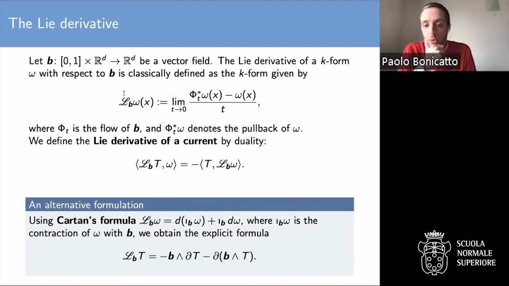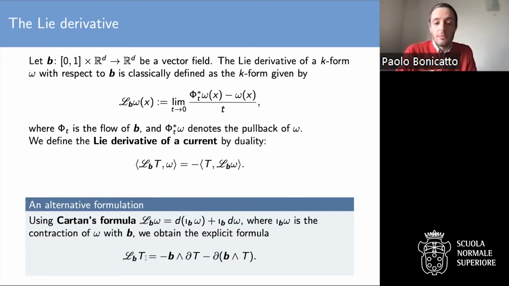And it can be proved just by dualizing Cartan's magic formula, which is also written on the slide, and which relates the Lie derivative of a form with the differential and with the contraction with the vector field, right? So just dualizing Cartan's formula, one can obtain this explicit formula for the operator.